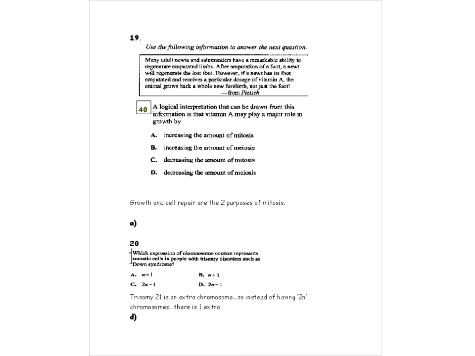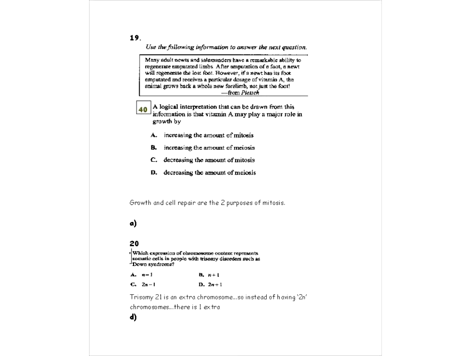It says a logical interpretation that can be drawn is that vitamin A must play a major role in. Okay, well, we know that mitosis has to do with cell repair, and that's what's going on here, right? So somehow this must be increasing the amount of mitosis, and so it's got to be answer A.